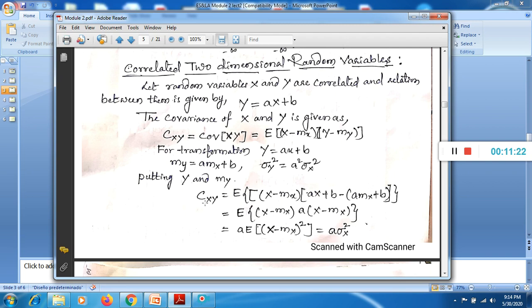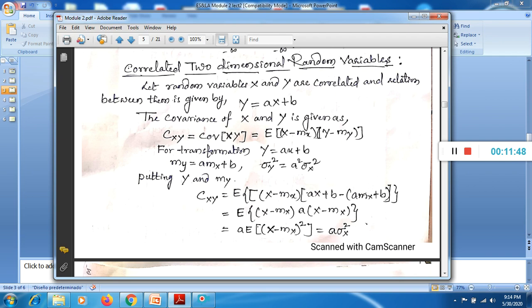So for that, let's take covariance, and x minus mx would be as it is because x is independent but y is dependent on x. So we write y as ax plus b minus again my, which is nothing but a into mx plus b. We substitute those.